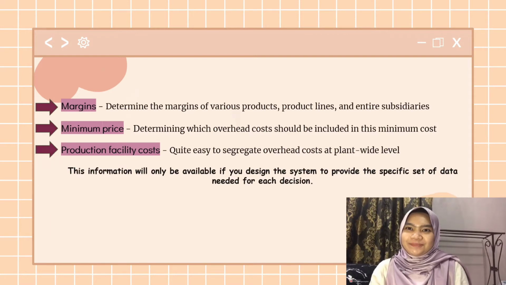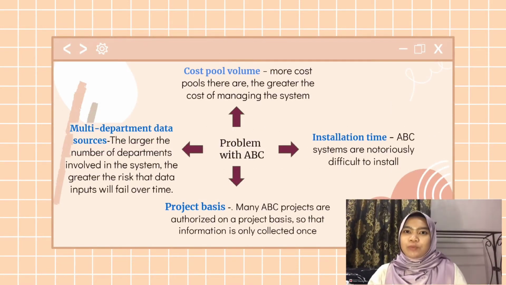Thank you. Next, I will move to the problems with the ABC or activity-based costing system. As we know, many companies initiate ABC projects with the best of intentions, but there are several issues. First, cost pool volume.